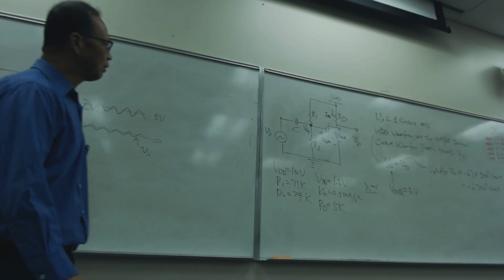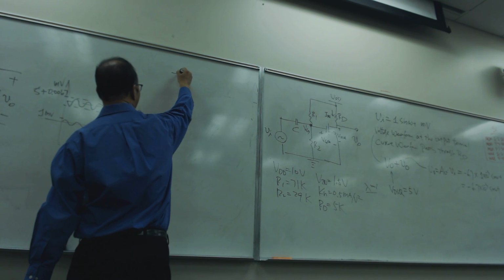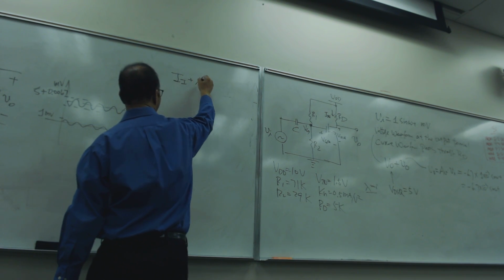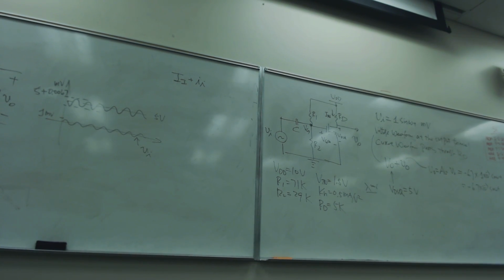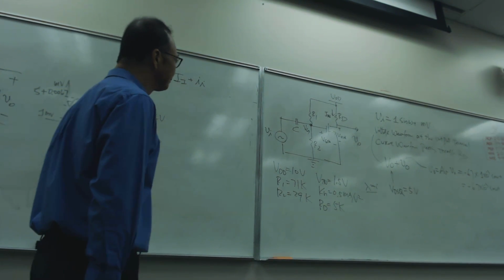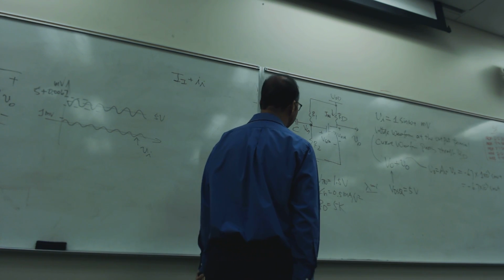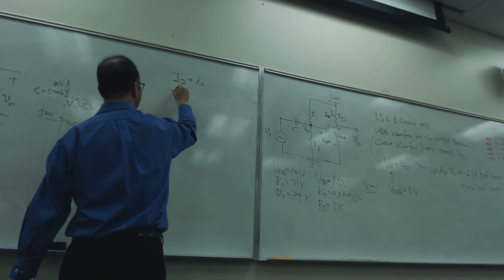Okay, what about the current waveform? The current waveform has two components, right? The DC current plus the small signal current. What is the DC current going to RP? IDQ, right?